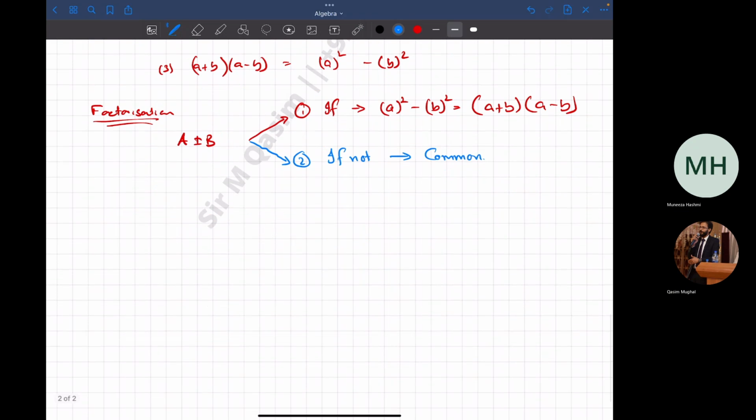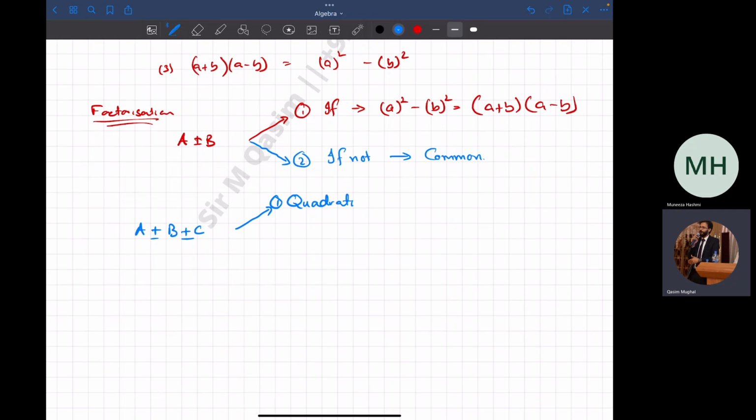Then you've got a plus b plus c. If the 3 terms combined together are quadratic, then you will do the middle term breaking method.